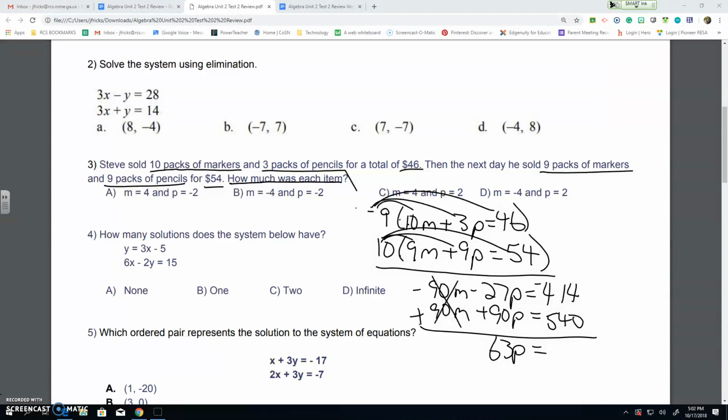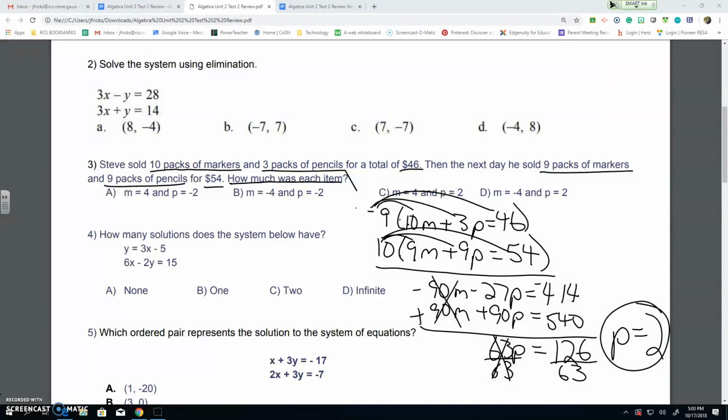So that's actually going to give me 126. Alright, so once I get 126, I'm then going to divide both sides by 63. 63s cancel out, and p is going to be equal to 2.